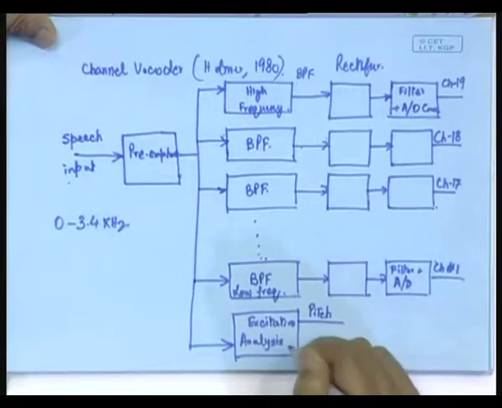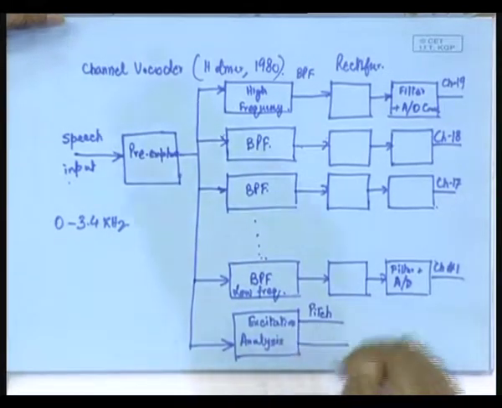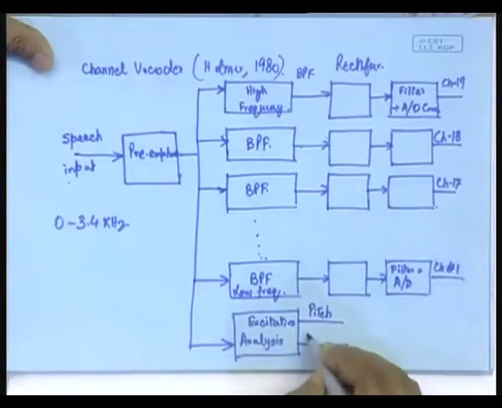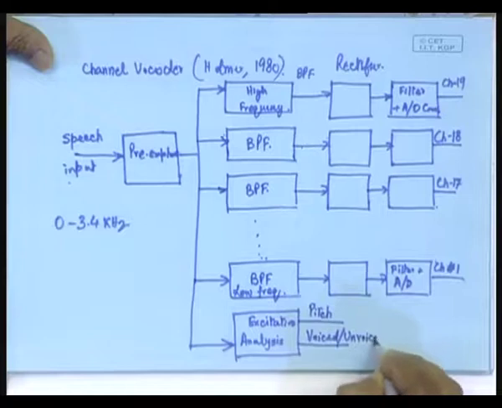At the end, pitch will be extracted, and not only that, the excitation analysis block is also going to find out whether the speech signal present over here is voiced speech or unvoiced speech. So, we will have that decision available from this excitation analysis block, the voiced and unvoiced decision.